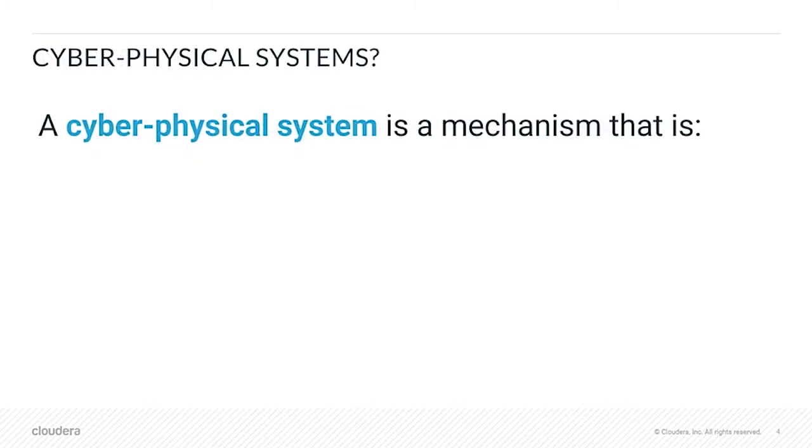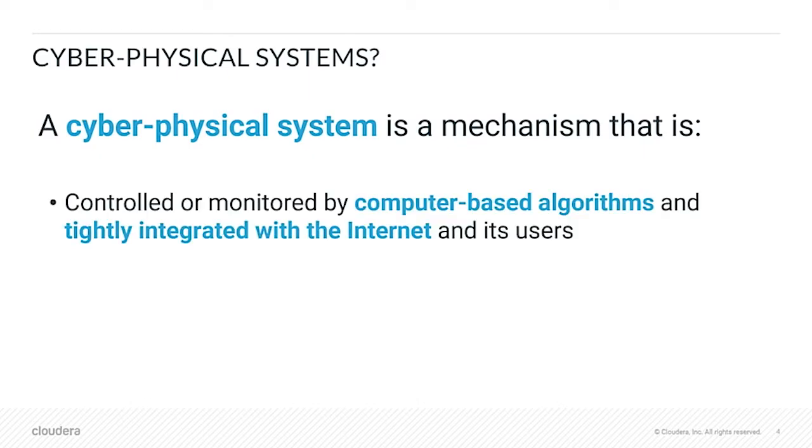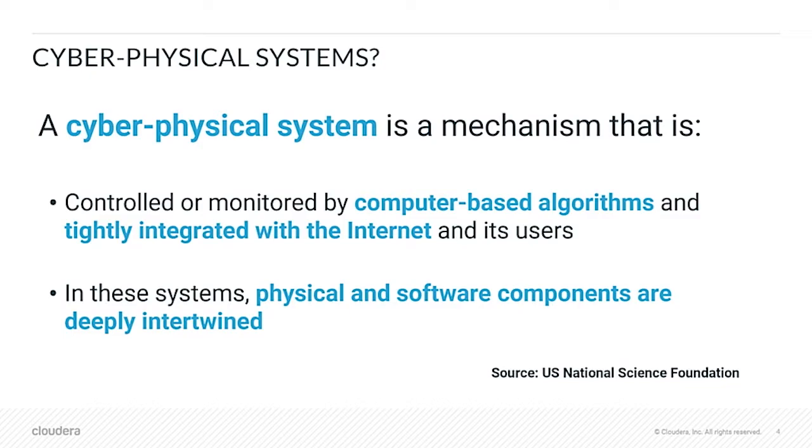A cyber-physical system is a mechanism that is controlled or monitored by a computer-controlled algorithm, and it's tightly integrated with the internet and its users, and this is where it gets interesting. In these systems, physical and software components are deeply intertwined. And I'm going to propose to you, the software systems are very data-centric. Now we're going to talk about why data is so important to these Industry 4.0 types of initiatives.